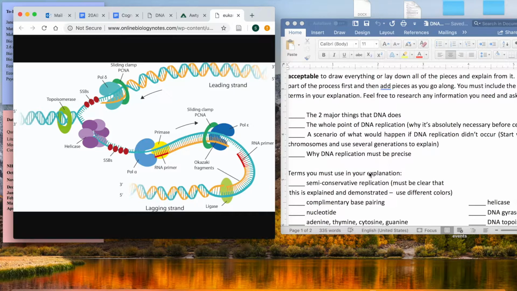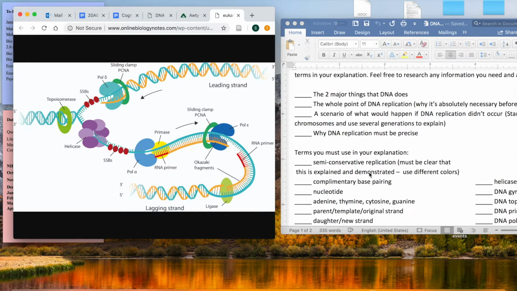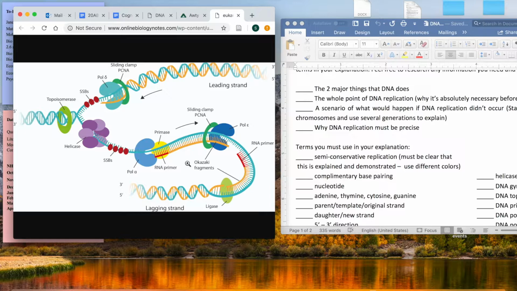Therefore, to accomplish this, each strand of existing DNA has to act as a template for replication and has to be exactly the same. So firstly, let's talk about what DNA is made of exactly.